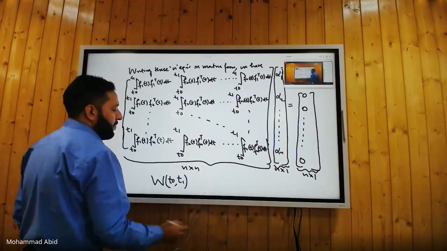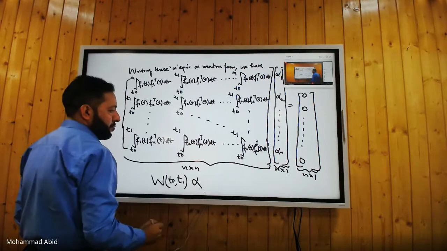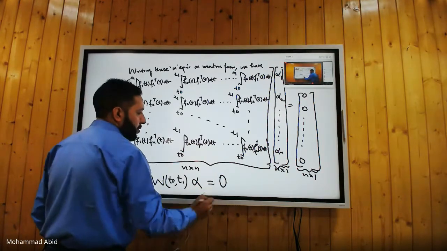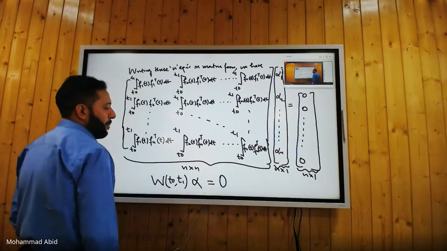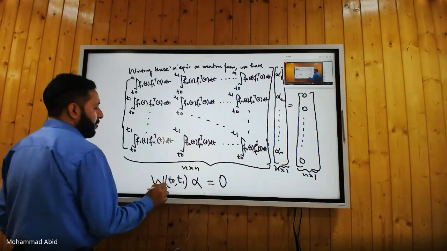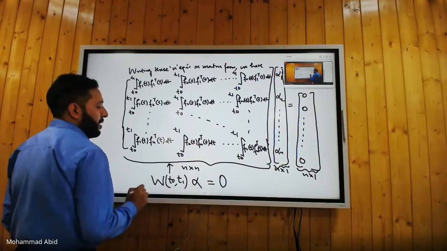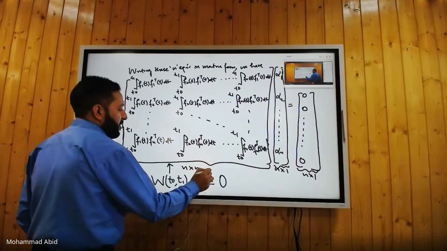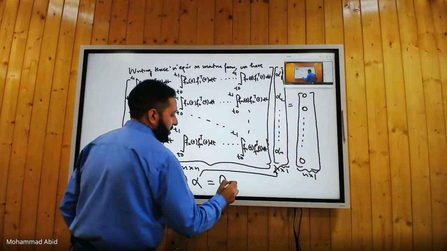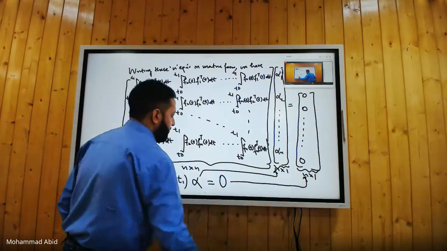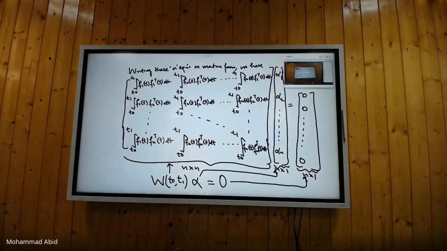Then this vector is alpha, and that's equal to 0. So I have written this equation in compact form. This matrix is an n cross n matrix, alpha is this vector, and this big 0 is this 0 vector. Are you getting me?